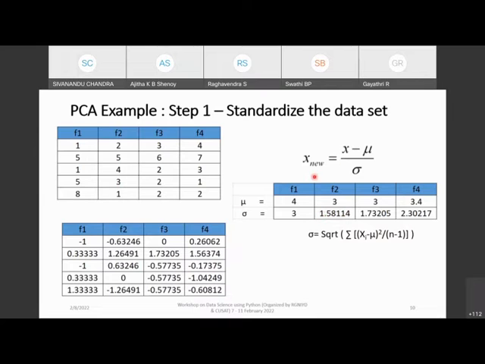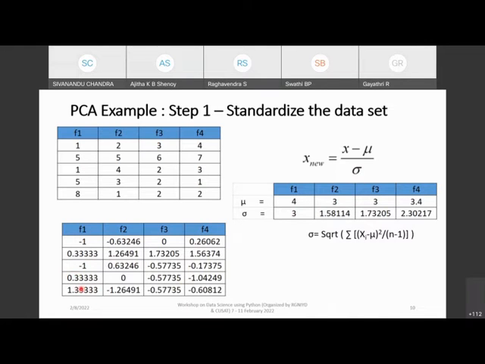Now, once you get the mu and sigma value for each feature, you calculate the new normalized data set, which is obtained by using this formula: x mu is equal to x minus mu divided by sigma. Just by substituting these values and simplifying, you will get the values of F1 equal to this one, F2 the second column, F3 the third column, and F4 the fourth column.